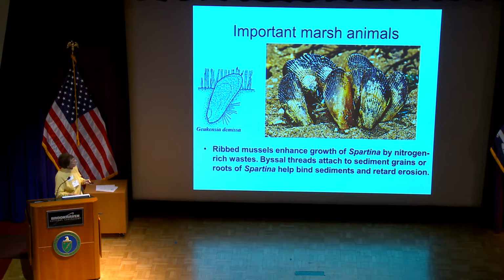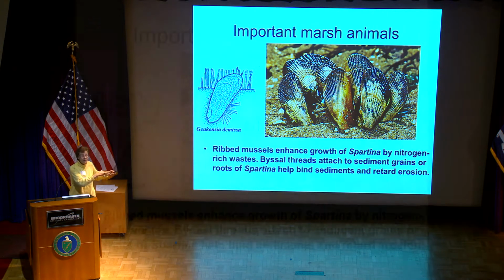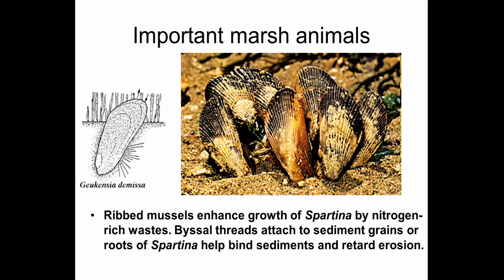Some important marsh animals. We have, extremely important in marshes, the ribbed mussel. This is a relative of the blue mussel that Chris showed you pictures of. These are typical in salt marshes, but like the blue mussels, they put out these elastic byssus threads that attach them into sediment particles, help bind the sediments together, and may attach also to the roots of the marsh grasses.